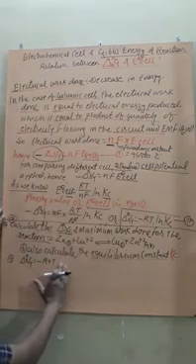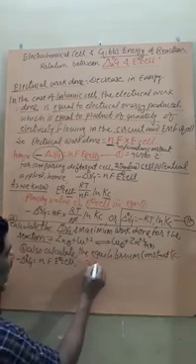So calculate the ΔrG. Part A: ΔrG standard is equal to minus RT log Kc, or simply you can call it ΔrG is equal to minus nFE cell. Now start placing the values.